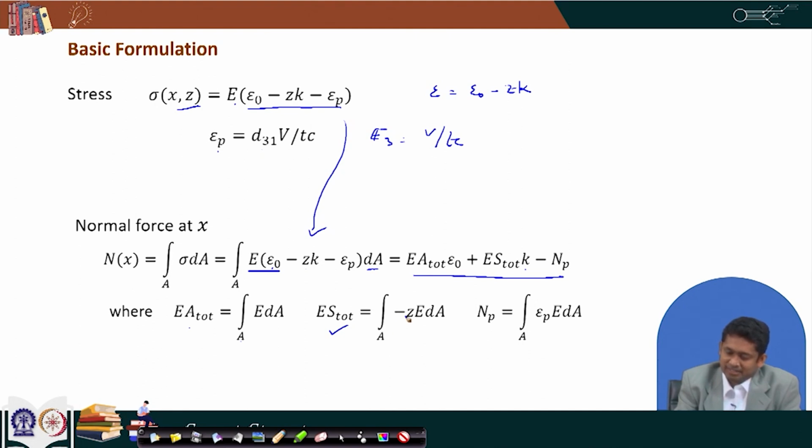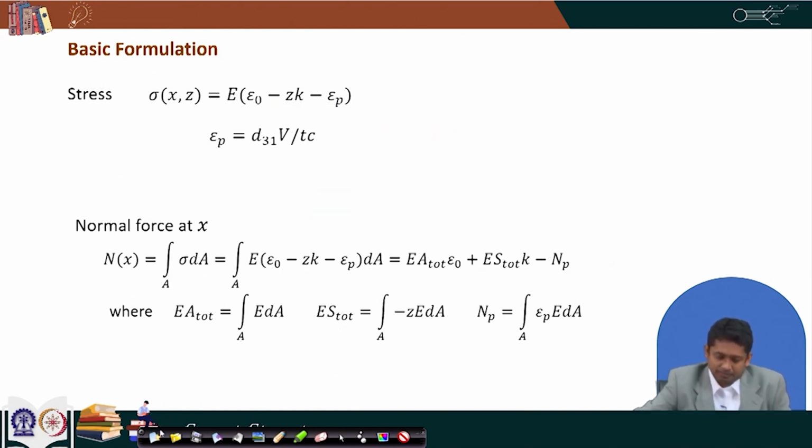So, we carry a minus sign in the definition of E S total, and in this integral we have epsilon p E d A, and that is our N p. That means the normal force due to the free strain. So, this is one equation.